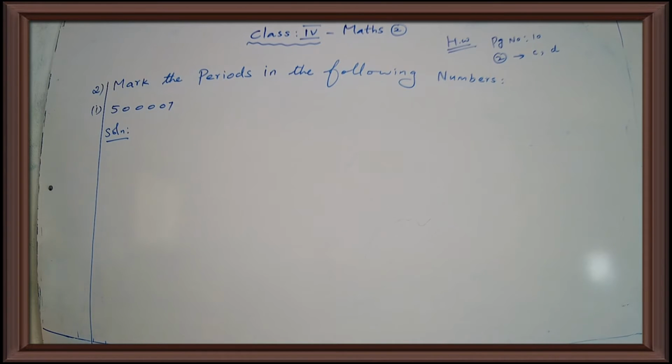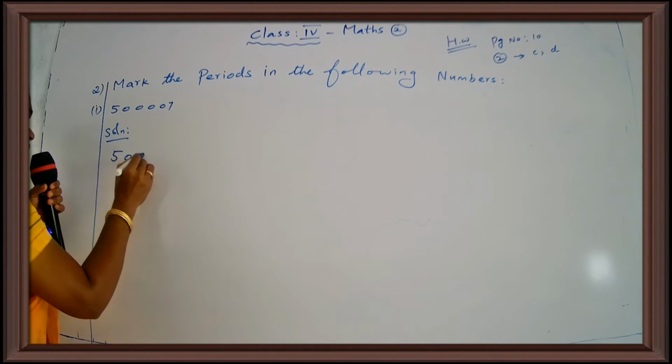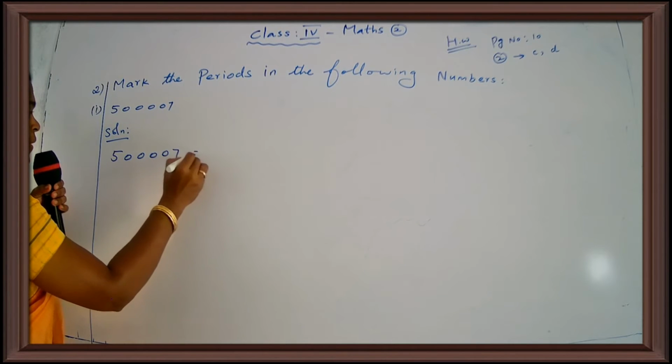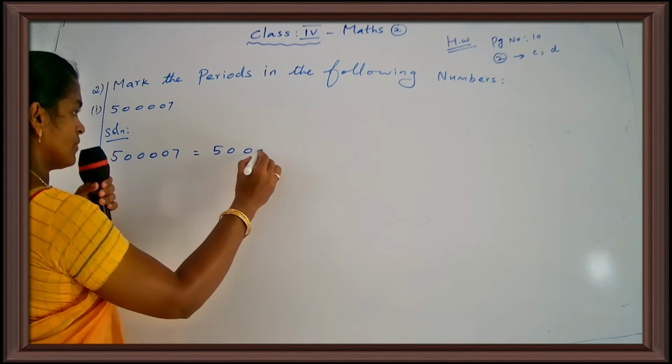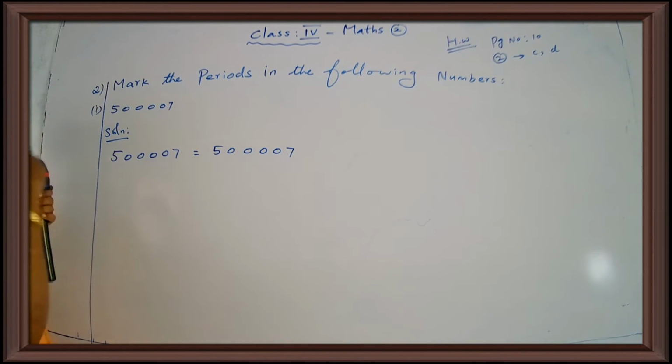To show the periods in the numbers, commas are used. So now you mark the periods. Your number is, okay, now you mark. So rewrite the number. First period, ones period. Always start from the right hand side.